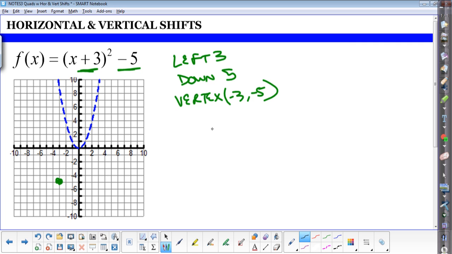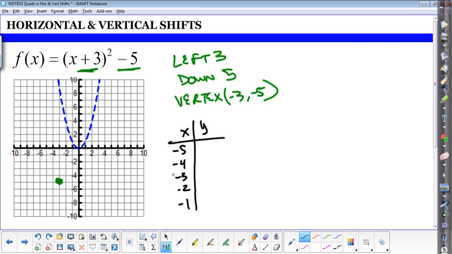What do we have to do next? We have to make a table. Okay? So when I make a table, tables work for all functions. They definitely work for quadratics. My vertex is at -3, so I want to plug in -4 and -5, -3, and then -2 and -1.